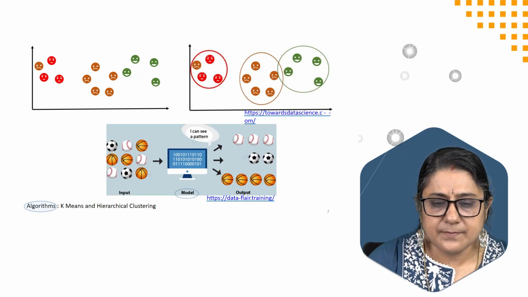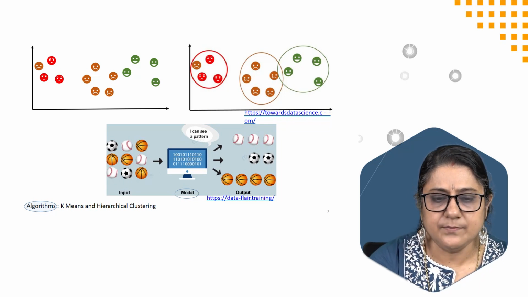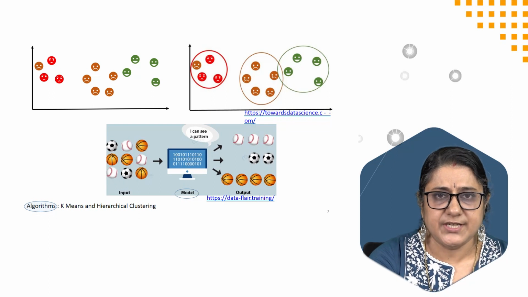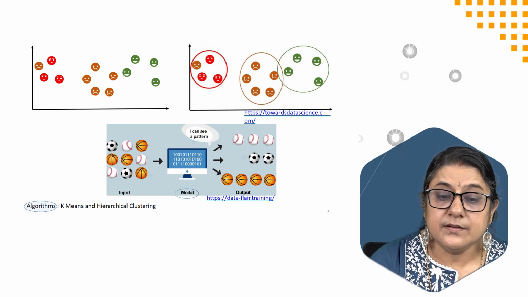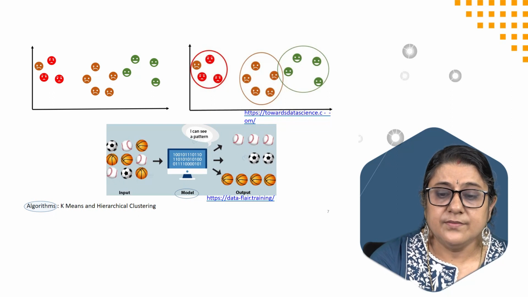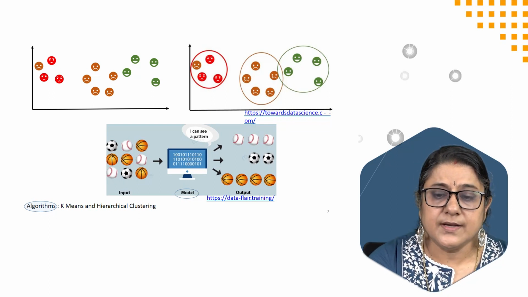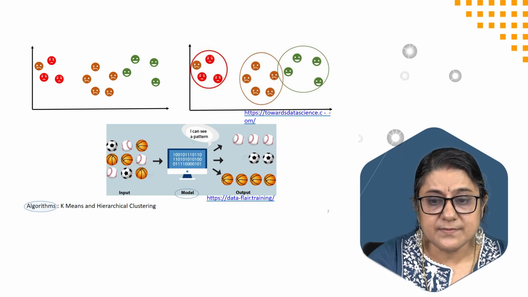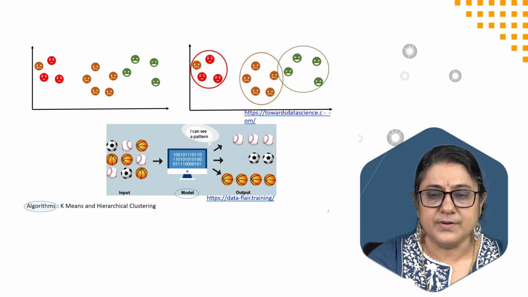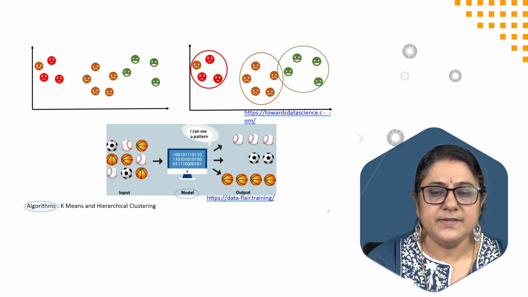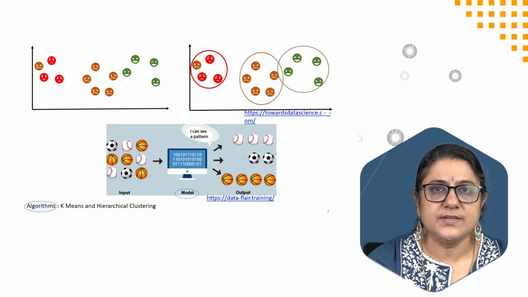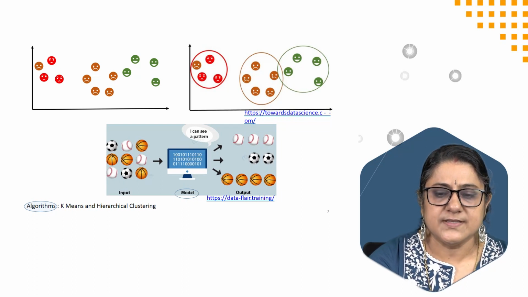In the example below, there is an input with different types of balls. Seeing the pattern of all the balls using color, texture, shape, design or patterns, the algorithm understands that there are 3 types of clusters which can be formed. So it doesn't label A, B, C like in the supervised. It just gives you 3 clusters: cluster 1, cluster 2, cluster 3.